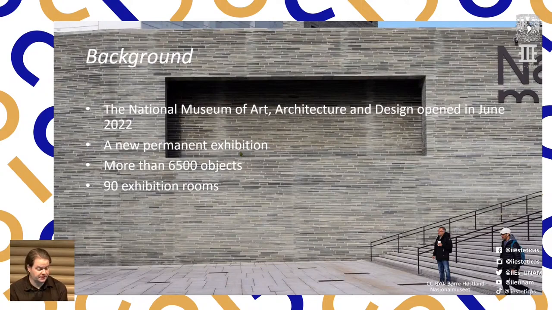This new permanent exhibition includes more than 6,500 objects exhibited in 90 exhibition rooms. Although the process of opening the new museum and preparing this exhibition was a success due to the massive effort from the museum at large, from a documentation standpoint, there were some aspects of documenting the opening exhibition that we saw had a lot of room for improvement.